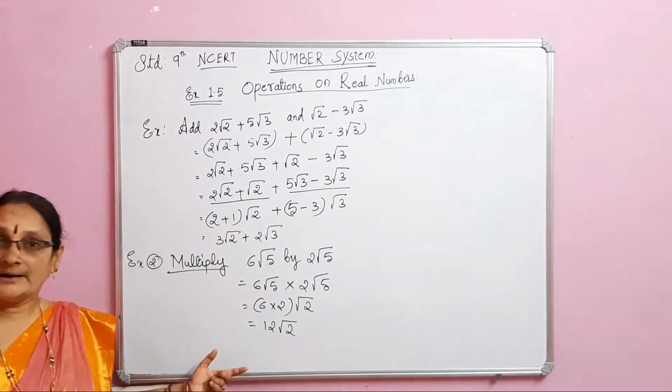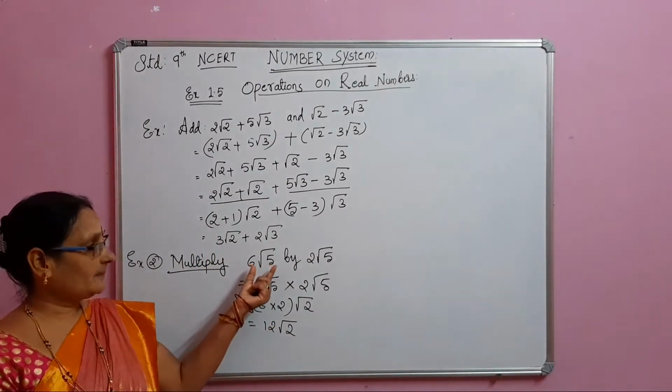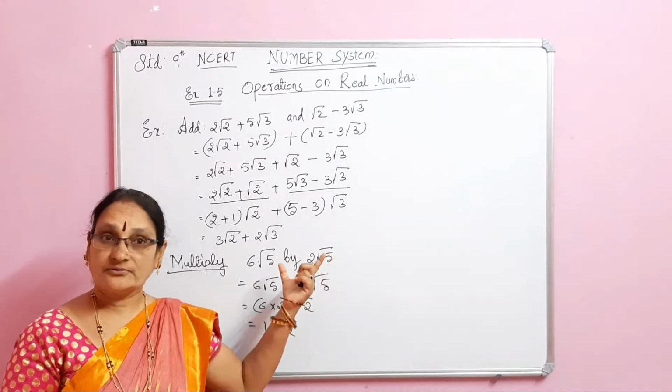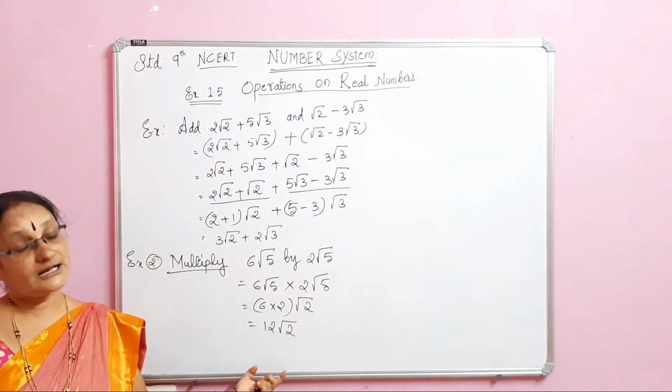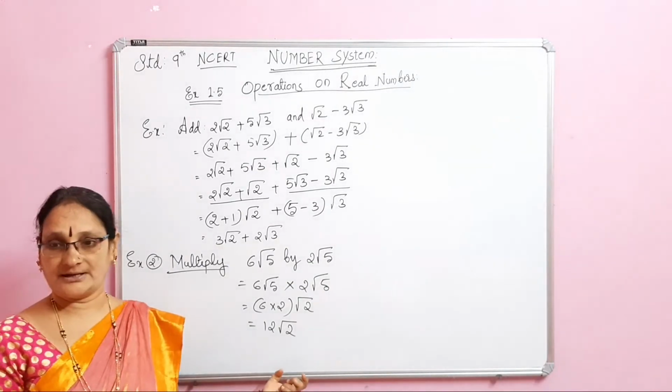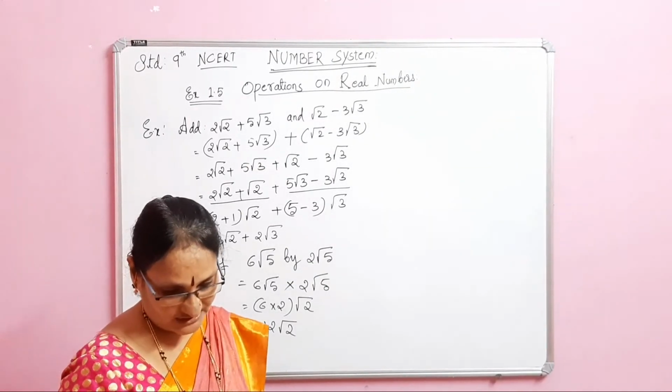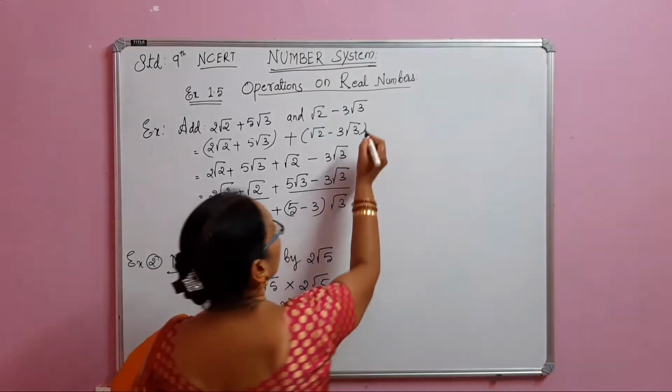So even in multiplication, when we multiply two irrational numbers, the product is also an irrational number. The same way with division also.